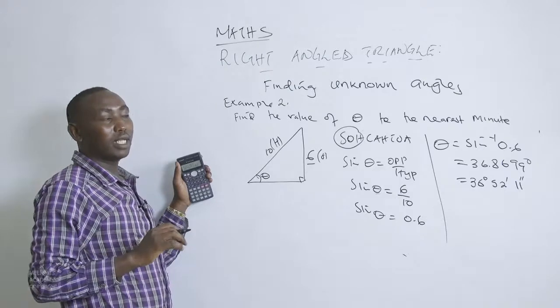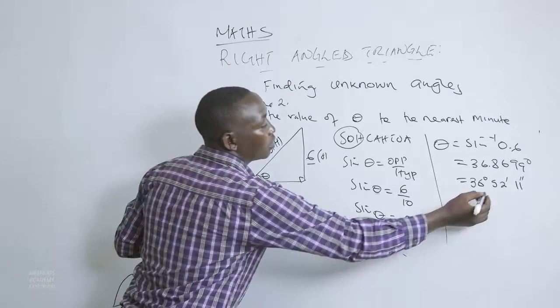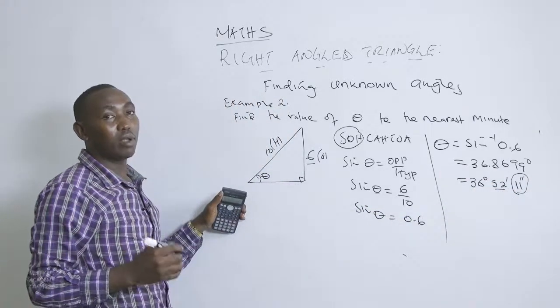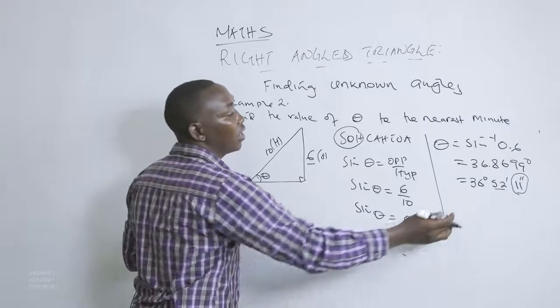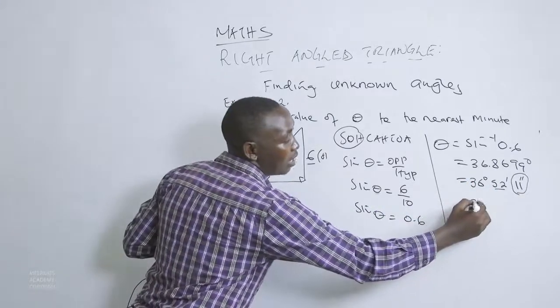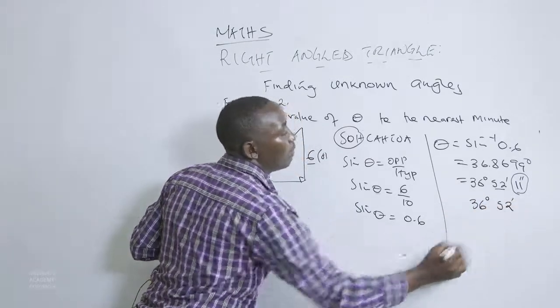The question requires us to write it off to the nearest minute, so we must consider these seconds. Because they are not more than 30, then they are not going to affect 52 minutes, and therefore we are going to remain with 36 degrees and 52 minutes.